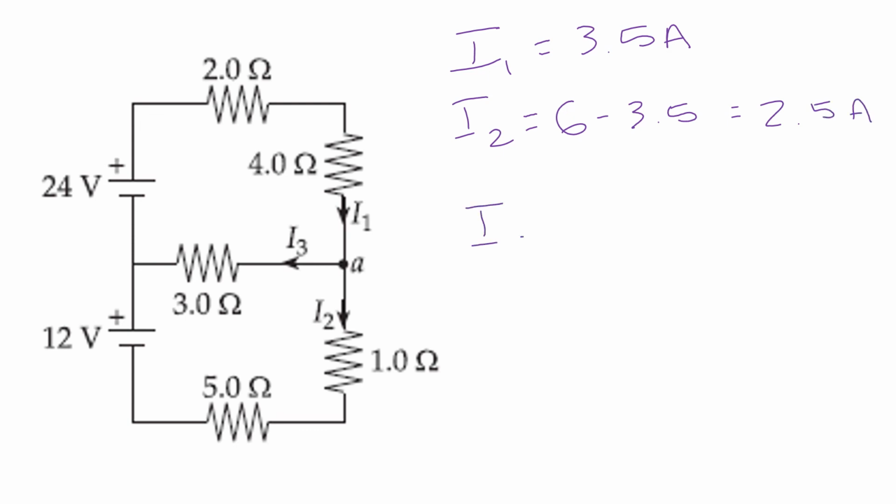And I3, that was 8 minus 2 times I1. And that ought to give us 1. And just like we expect, I1 is equal to I2 plus I3.